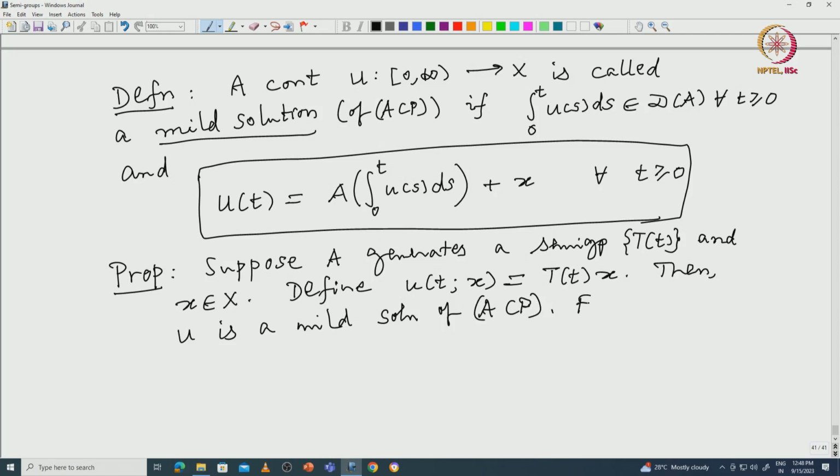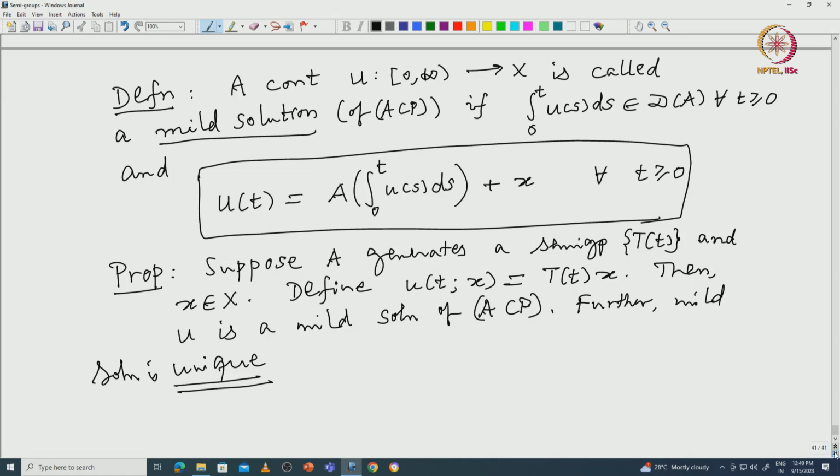Further, the mild solution is unique. Okay, so at least we get that uniqueness. Okay. So the proof fits already the property of the semigroup.